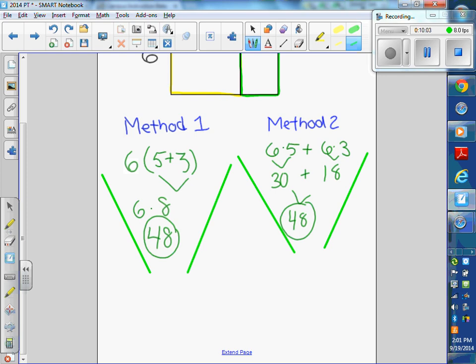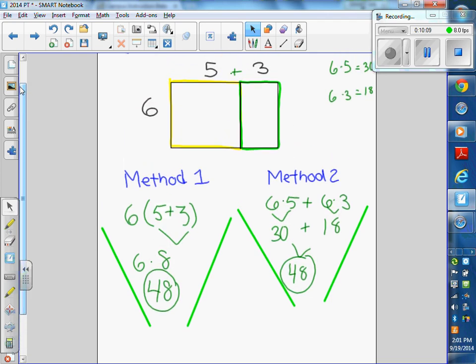Okay? What if I did my method 1 in the box? If you did your method 1 in the box, I do it all the time. No, I mean, like, what if I put like 30 and 18 and then... Yeah, you can work in the box, but you should still be able to show this step if you needed to, because we're going to learn something today with order of operations.